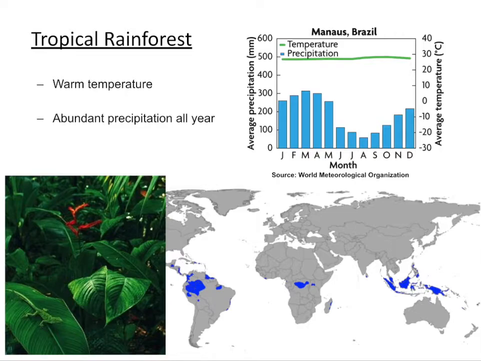Now, when I first came to Thailand, before they said it was too dangerous to go to the three southern provinces of Thailand, I went down to the Malaysian border, and there was a national park there because I wanted to see a tropical rainforest. As soon as I got there, I started sweating, and I never stopped sweating.